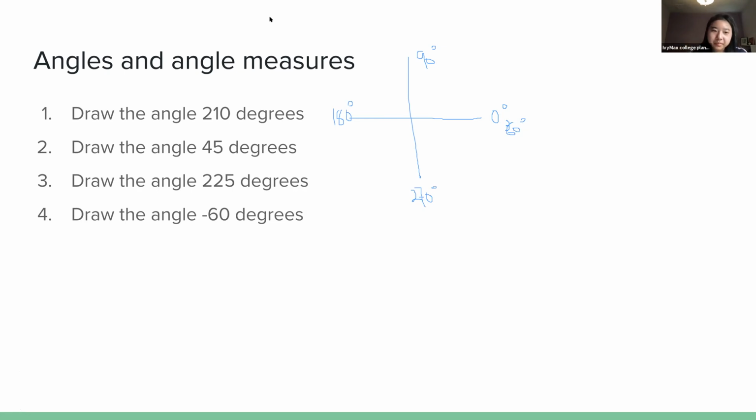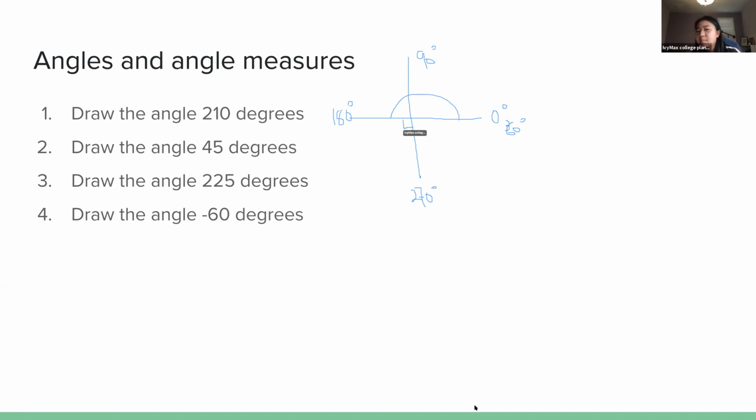So the first question is that you draw the angle of 210. We know that right now here is 180. If you calculate that, from 180 to 270 is 90.